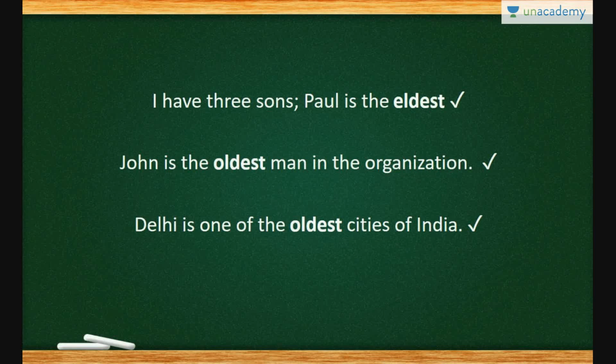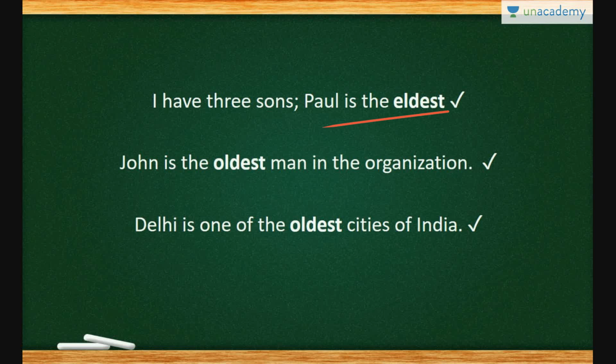Let's take a few more examples just to make things clear. I have three sons. Paul is the eldest. Now, once again, we are talking about the same family. Paul is the eldest means his age is more than the other sons.